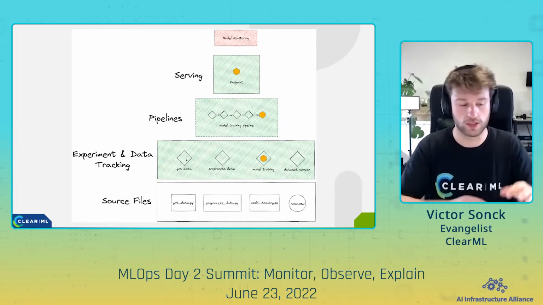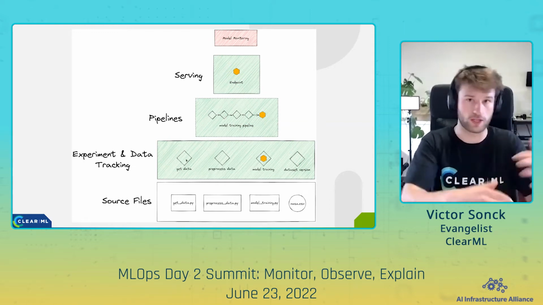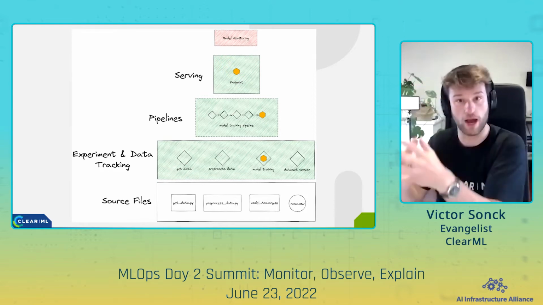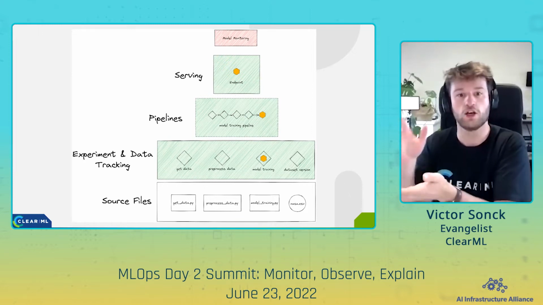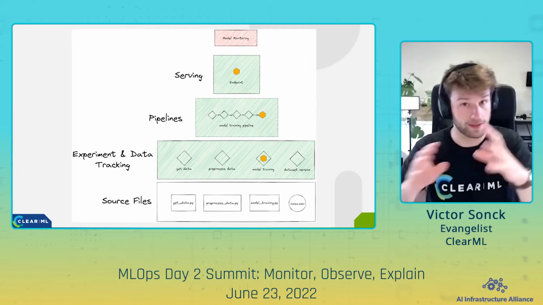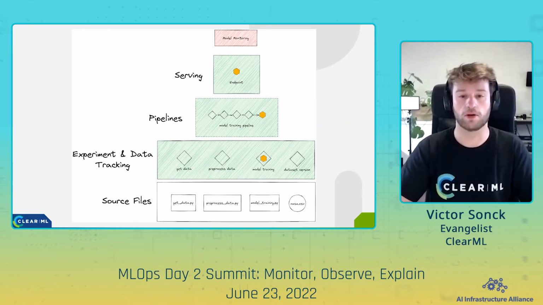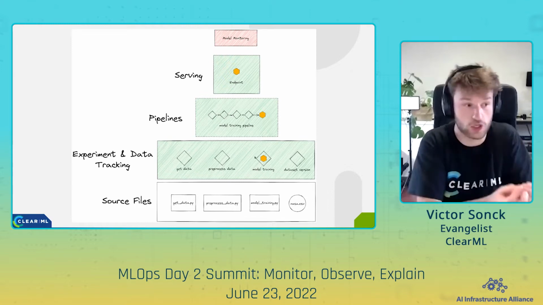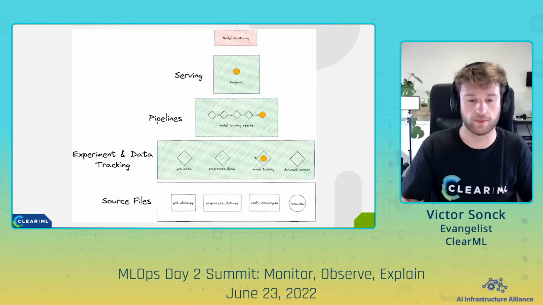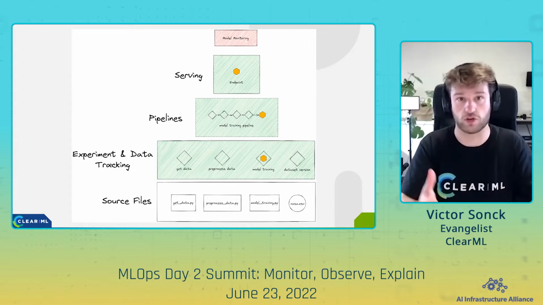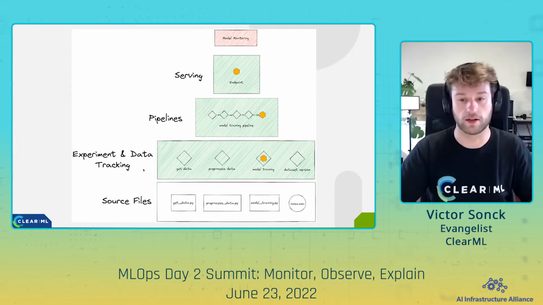Usually what you'll do is you'll experiment a while, you'll create your experiments, you'll track them, you'll compare them, you'll find the best models, and then you'll write new code that is productionized to be able to create a pipeline and actually serve the model as well. And in this case, this step is seamless, right? Because these squares end up being the actual experiments that you were tracking before. So then we get to the experiment and data tracking manager, like the experiment manager that ClearML also offers.